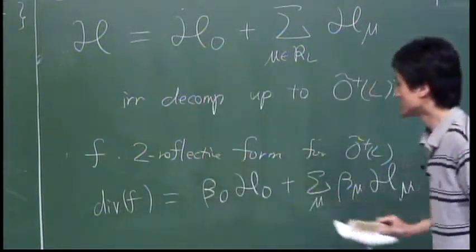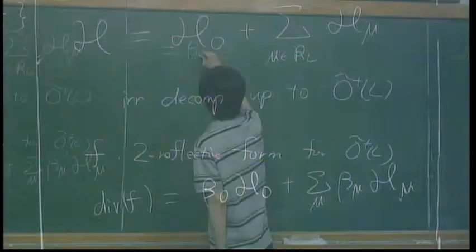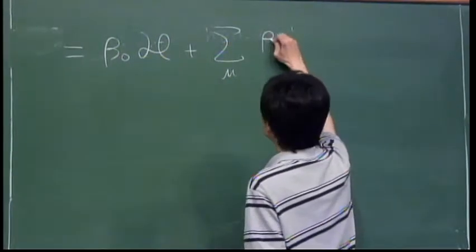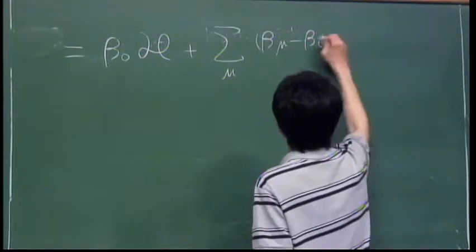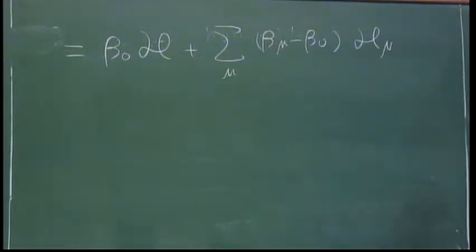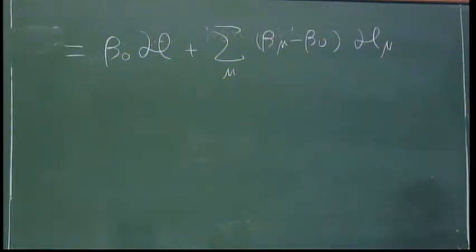So the zero divisor can be written in this form, and writing slightly differently, it is beta_0 H_0 plus the sum of beta_mu minus beta_0 times H_mu. Now H_0 and H_mu are Heegner divisors in the sense of Borcherds.